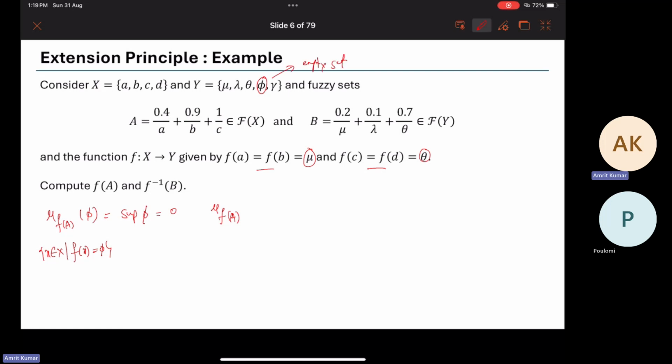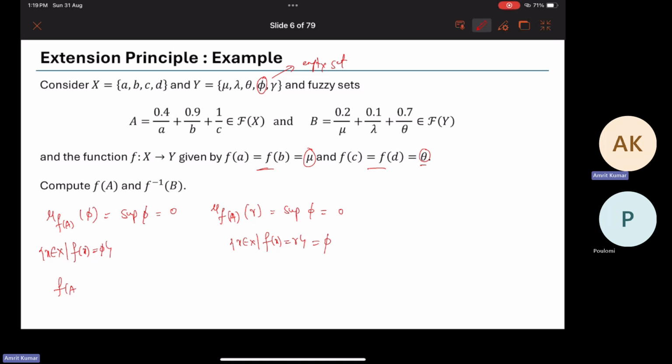It's actually an element. Similarly, the membership function of gamma in f of A is the supremum of, so we first look at all x that are mapped to gamma, and it turns out that this is the empty set again, because f either maps to mu or to theta. So this is 0.